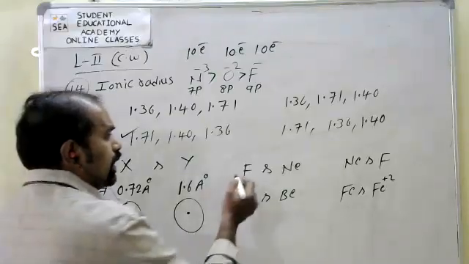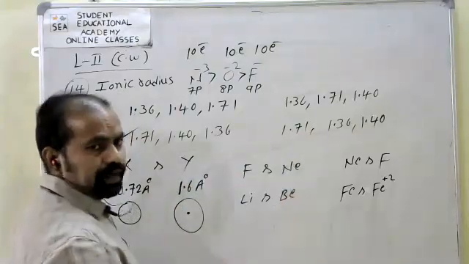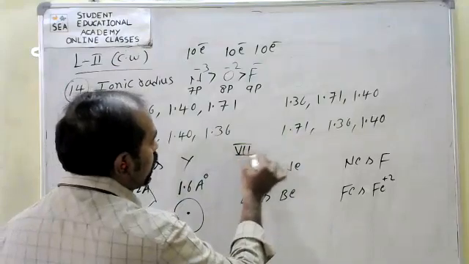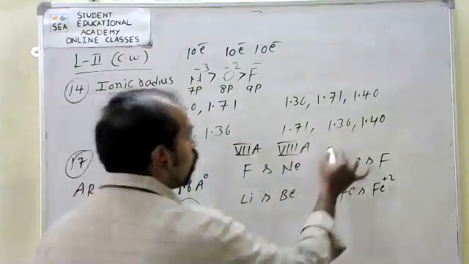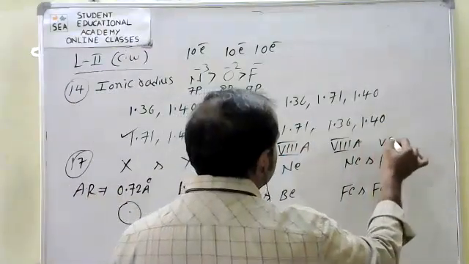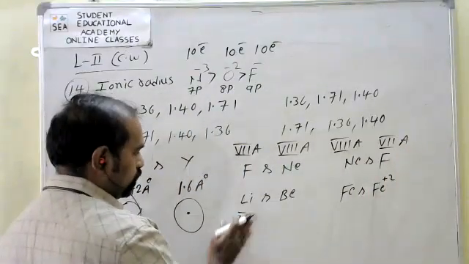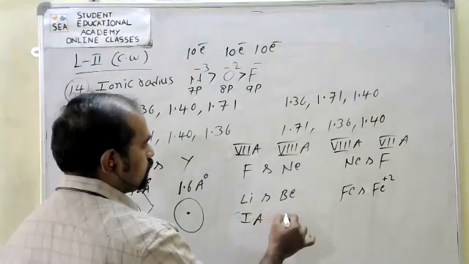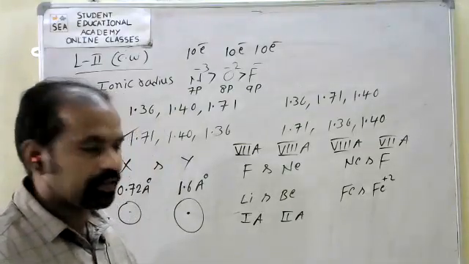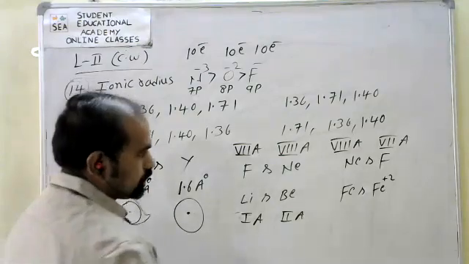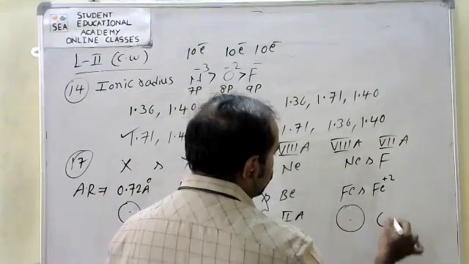Generally, fluorine is a 7A group element, and neon is an 8A group element. Here the size matters, and it is an ion. The one is big in size, the other is small.